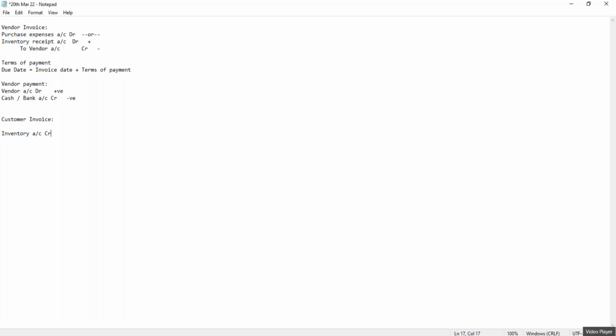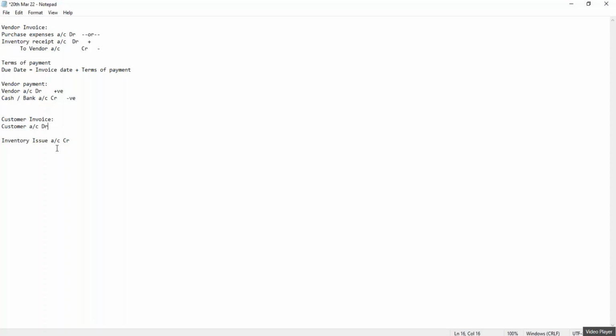Then in your data, the amount will be decreased. Inventory issue. And customer account will be debited because I am going to receive money. Customer account debit to inventory issue credit.